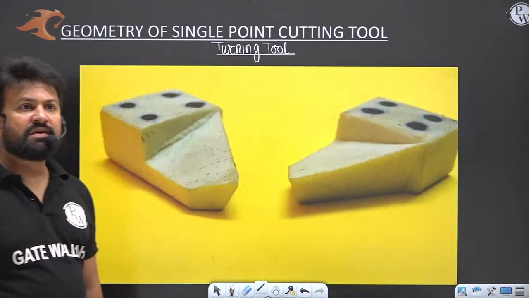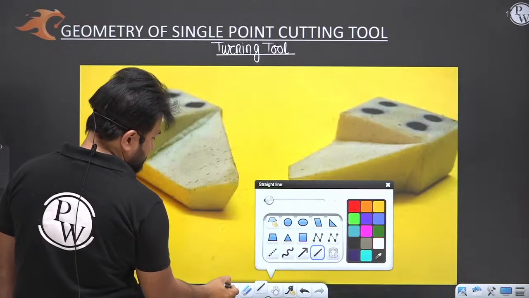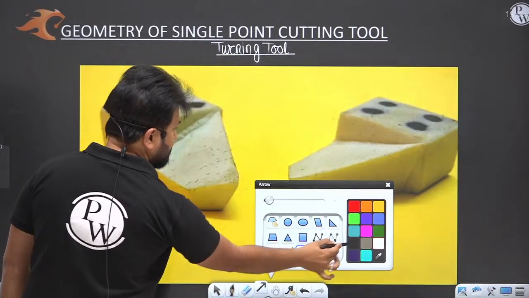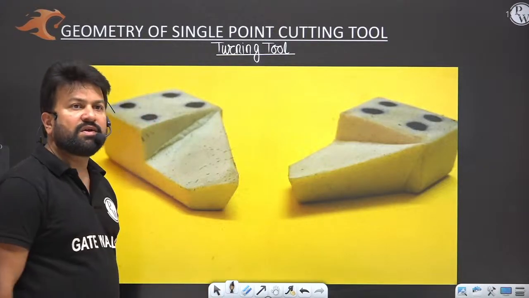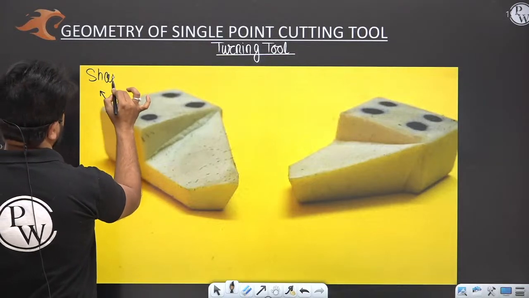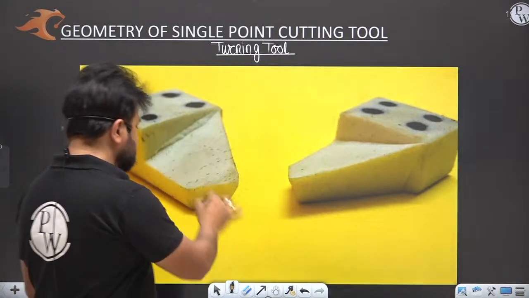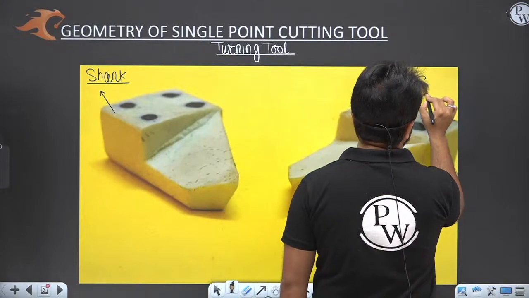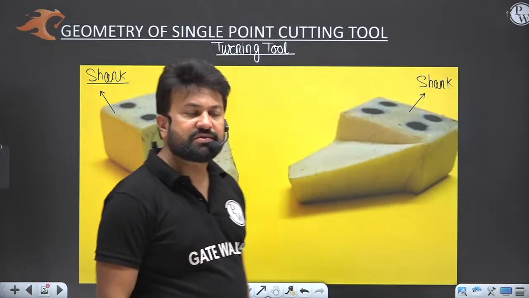Please see, this is a turning tool. This is the shank, which is going to be fixed into the tool post.